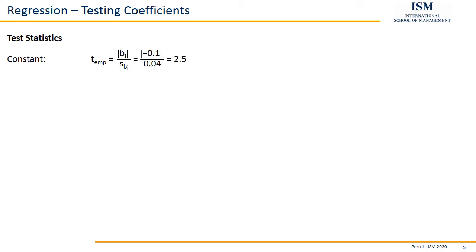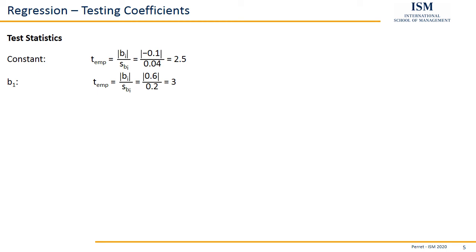Calculate 3 test statistics. So for the constant, that's coefficient of the constant minus 0.1. We put this into absolute terms, so the minus is erased. Divide this by the corresponding error, which is 0.04, and we get a test statistic of 2.5.